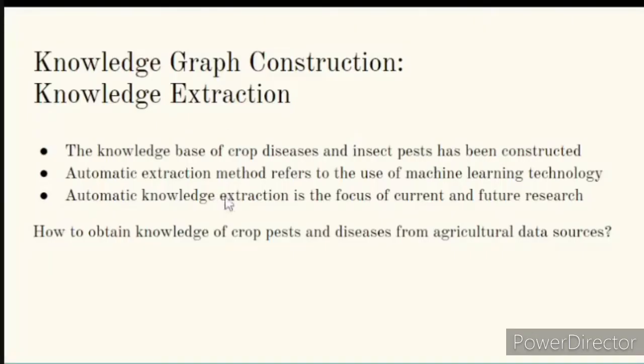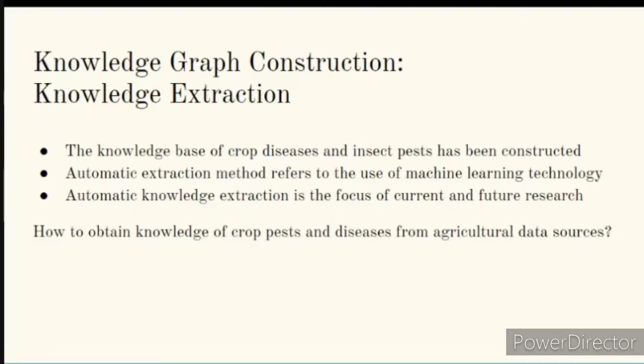Okay, so knowledge graph construction, knowledge extraction, knowledge acquisition in the knowledge mapping of crop disease and insect pests extracts entities, relationships, and attributes manually or automatically from semi-structured tables and unstructured texts. Artificial intelligence extraction is usually based on the rules of plant protection experts to collect and collate information about plant diseases.